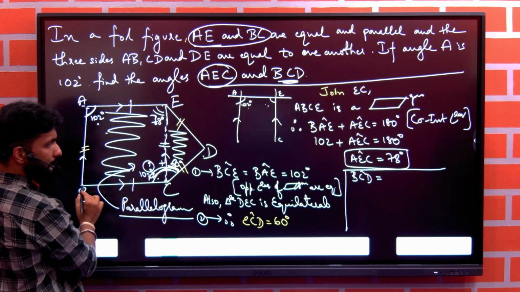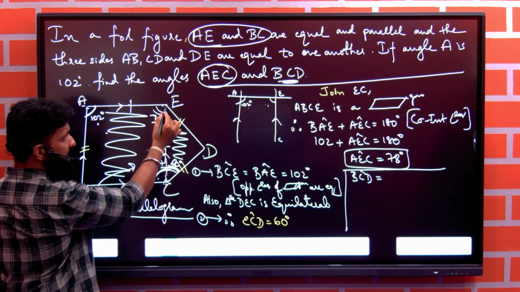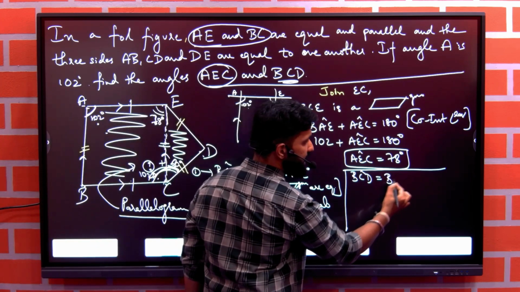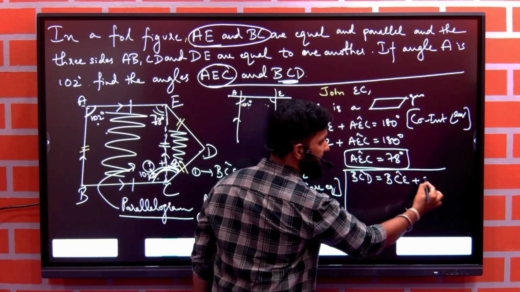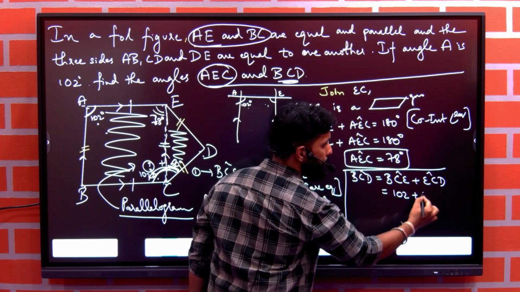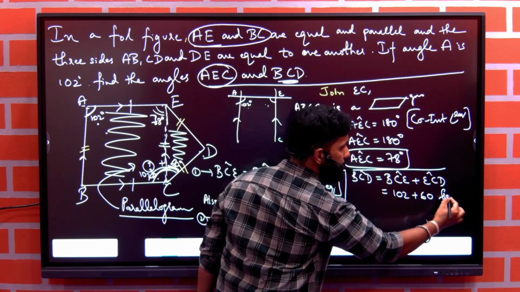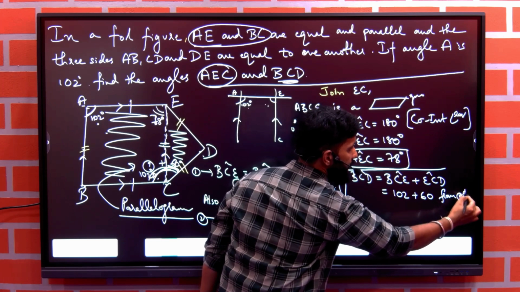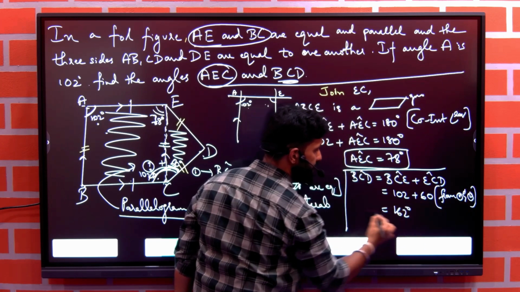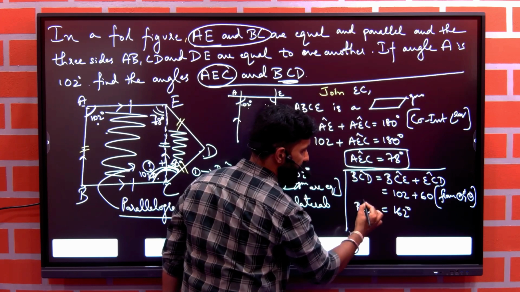It is BCE plus ECD, this angle plus this angle. So BCE plus ECD is nothing but 102 plus 60 from equations 1 and 2. It adds up to 162 degrees, and that is my final answer.